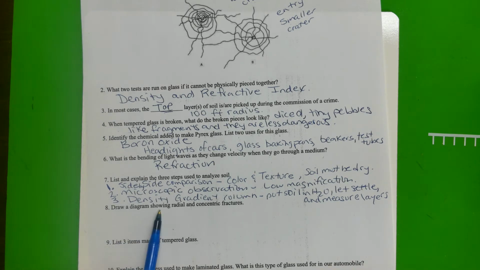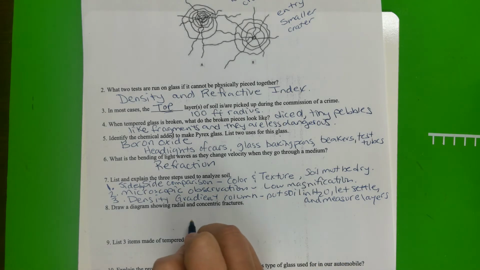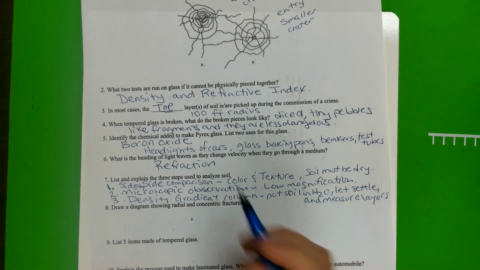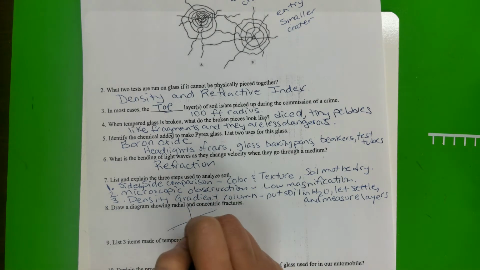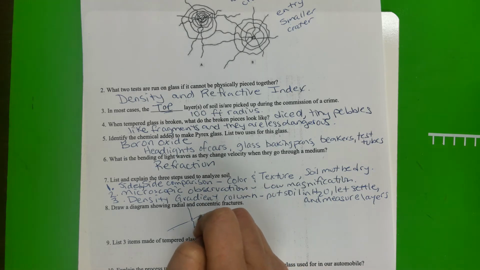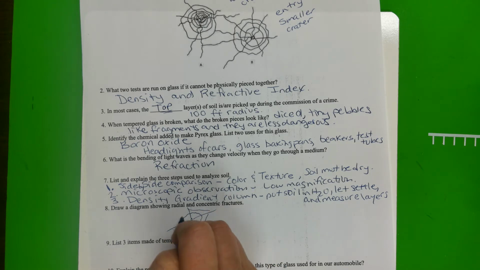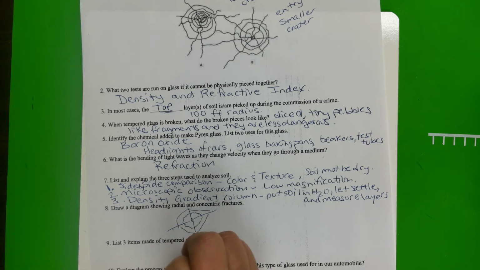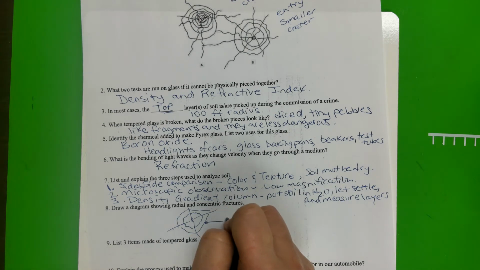Number eight, draw a diagram showing radial and concentric fractures. So I'm just going to do my best here. I'm going to put the bullet hole, and then I'm going to put the radials because those are first. Okay, and then you have your concentric. So these are your concentric.